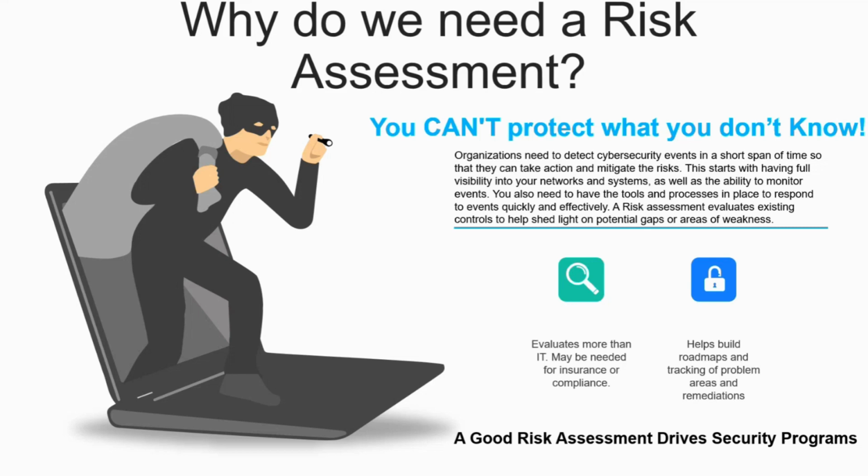So that's basically the background behind it. It does evaluate more than IT, so a lot of people do think this is all IT oriented. What I found in most cases is that IT is actually the strong part, believe it or not. Most of the time, if you have an internal IT or an external IT, that is actually doing fairly well.